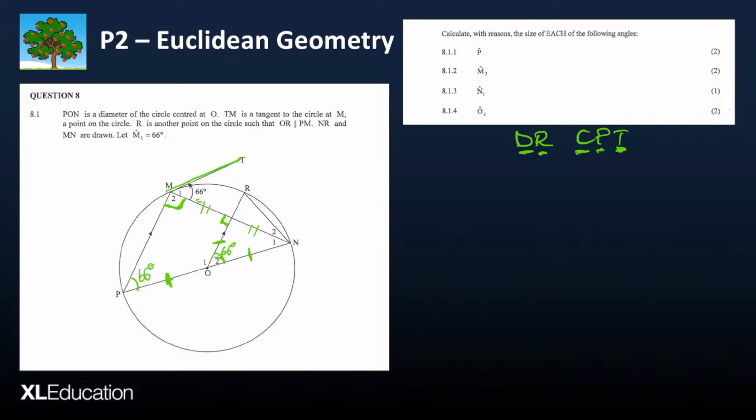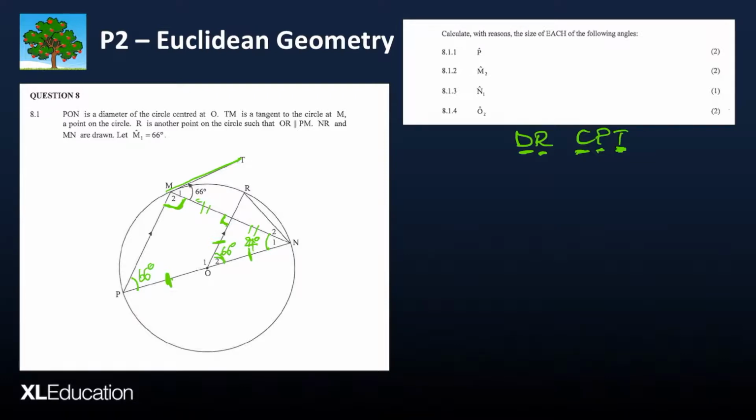After applying Dr. Cape Town, you also have to check if there is anything else that you can figure out. I want us to consider triangle MPN, that big triangle. The other angle M2 is 90, angle P is 66, therefore angle N1 is 24 degrees. Remember, the sum of angles of a triangle adds up to 180.